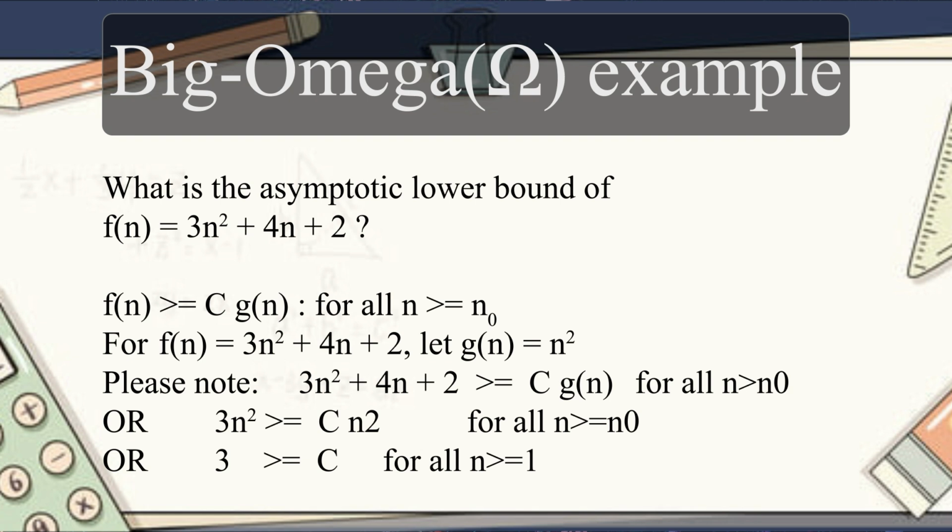If the value of C is less than or equal to 3 for all values of n greater than 1, you are going to get Fn greater than or equal to Cgn. That means the omega complexity, the lower bound of this function, is also going to be of omega n square only. So both big O as well as big omega for this particular function are of the order n square only.